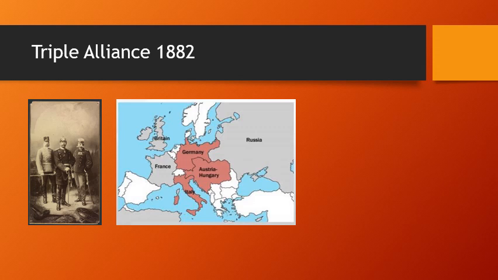And Italy had a conflict with the French Empire over Africa, and the loss pushed it into fear and insecurity, and it joined the alliance. And this alliance would remain till 1915.